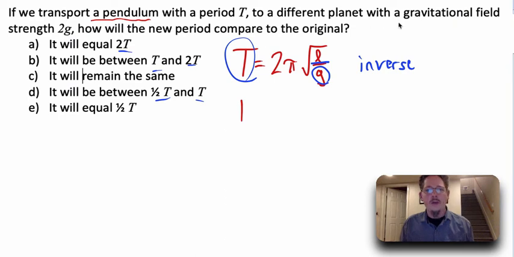And we've gone to a planet with a gravitational field strength 2g. g went up. And so we should be able to immediately say that just looking at this equation, g goes up, period goes down. It does not remain the same. It didn't increase. It either was cut in half or it's somewhere between 1/2 T and T, which is still decreasing.